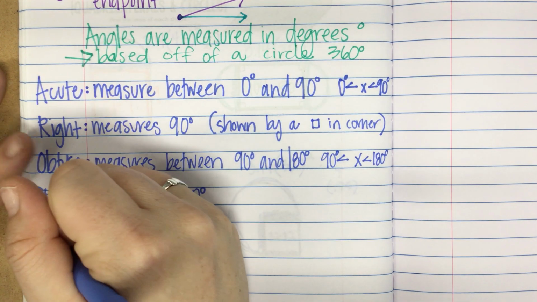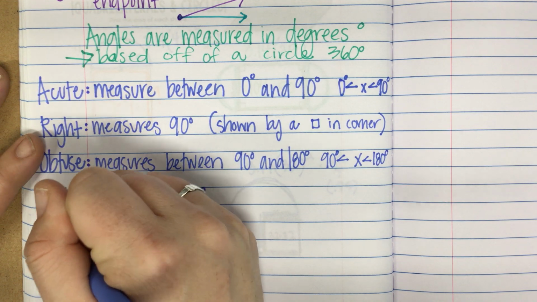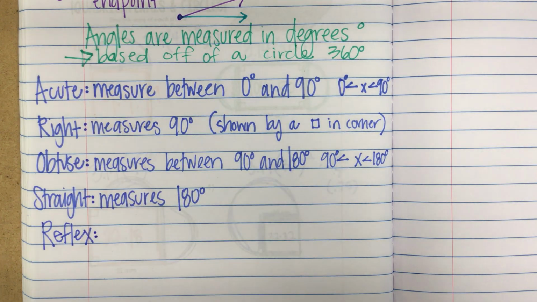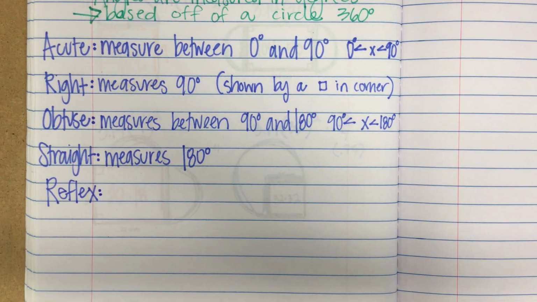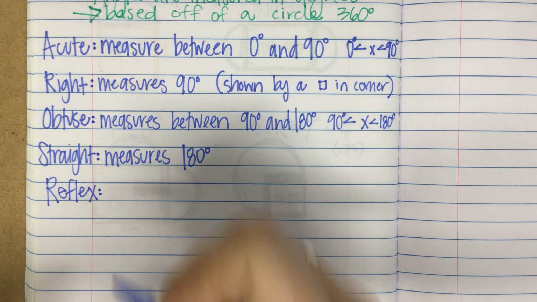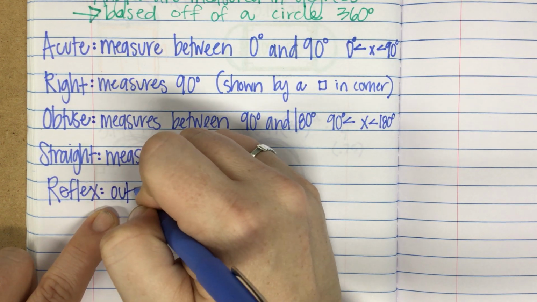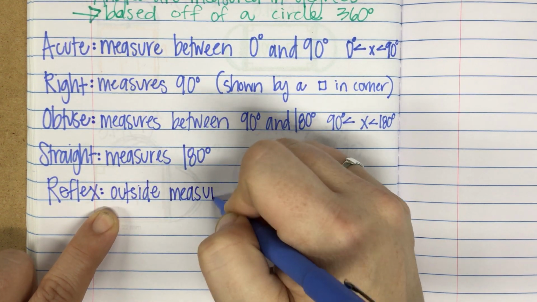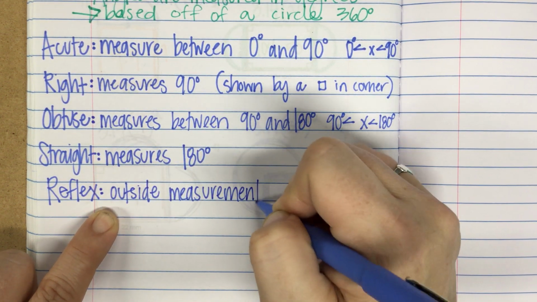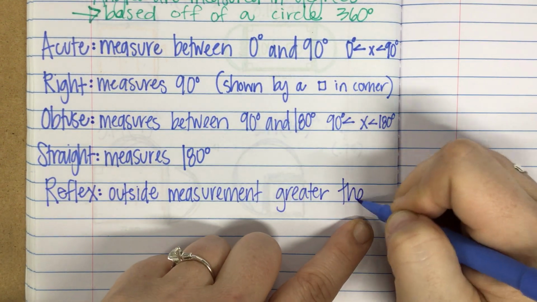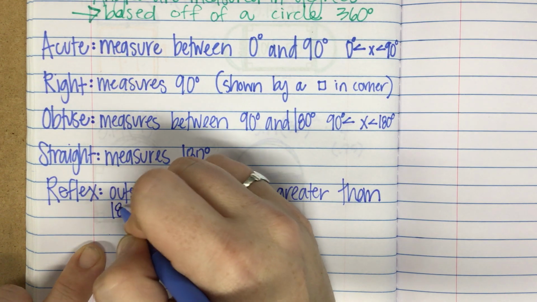The last one is the reflex, which is sometimes a new idea. The reflex is the outside of an angle. The reflex is the outside measurement. It's greater than 180 degrees.